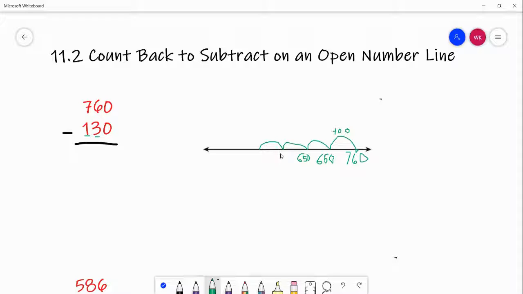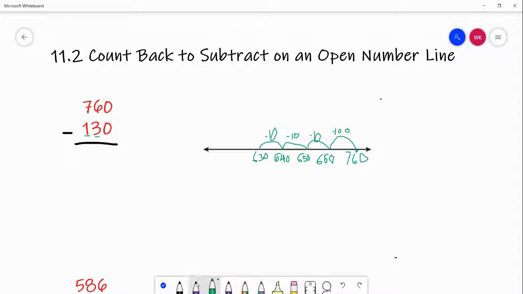Then we're going to have 650 minus 10, which is 640. And then we're going to have 640 minus 10, which is 630. And I'm going to label that these were jumped back by tens, or subtracting tens.